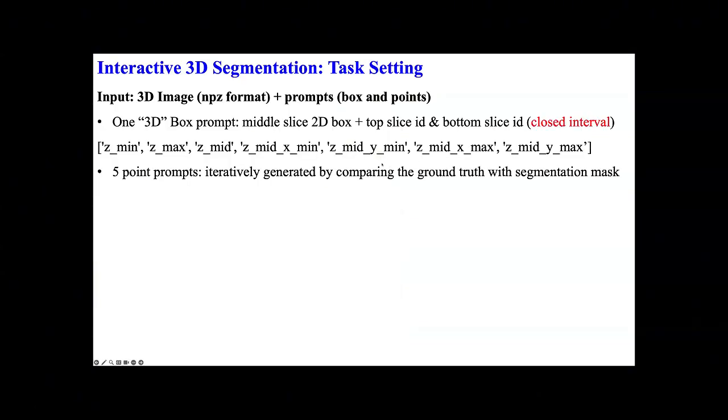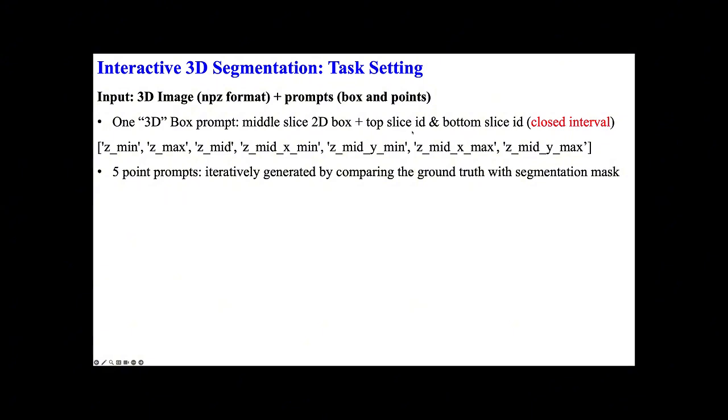Let me start with a brief introduction of the interactive 3D segmentation task. So we provide the input, which contains a 3D image, one 3D box prompt, and 5-point prompts. For the box prompt, it is defined as the middle slice 2D box plus the top and bottom slice index in a closed interval.